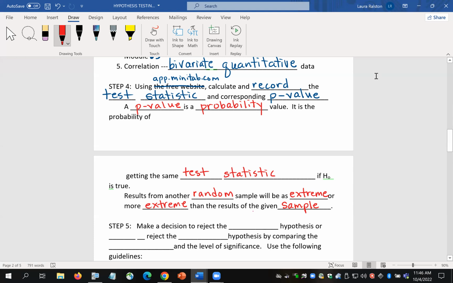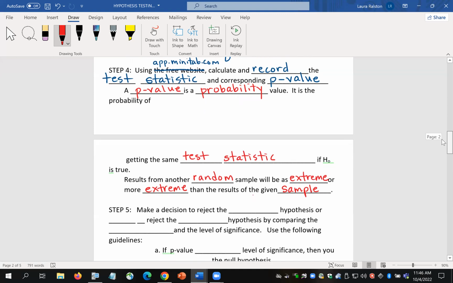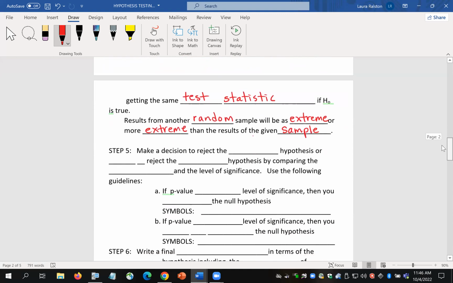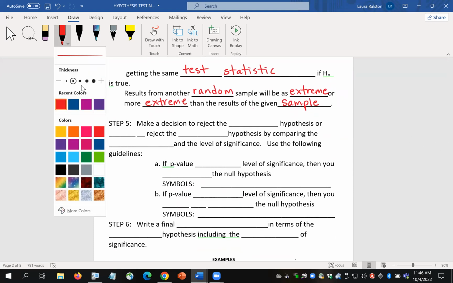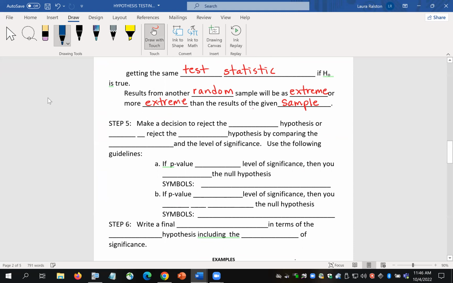The test statistic is, again, based on which of the tests you calculate. Okay. So once you've got your evidence and the evidence has been presented, then you have to make a decision. And there's two options.